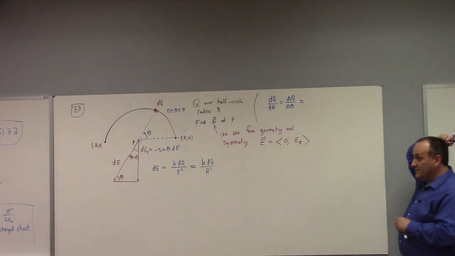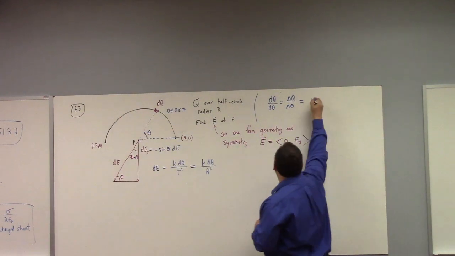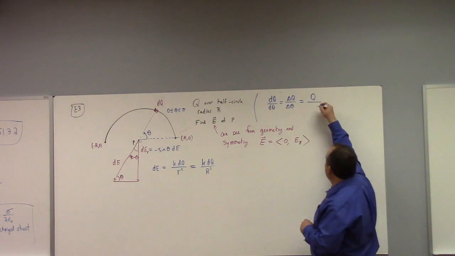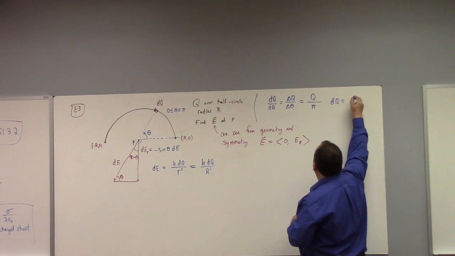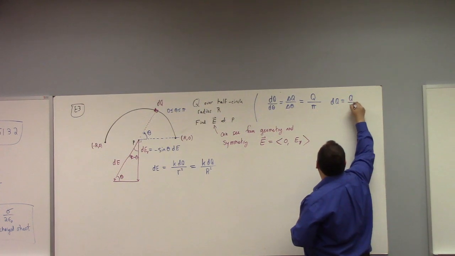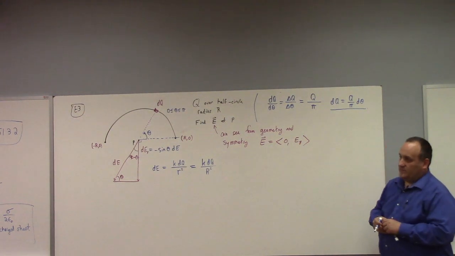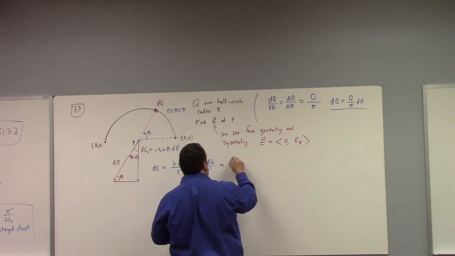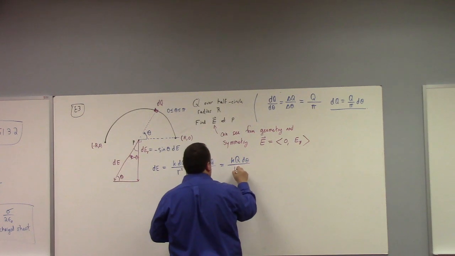The total is q over the whole half circle, and the change in angle is pi. So my formula is that dq is equal to q over pi d theta. Then I just put that down here: k big Q d theta over pi r squared.